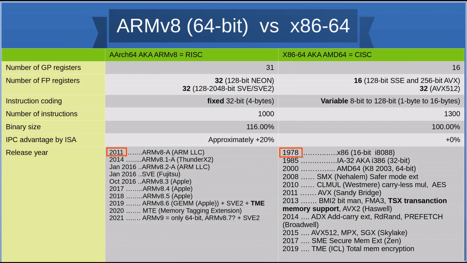It's a huge difference. It's a 33 year difference, which is like a couple of centuries in real life. In IT, time goes much faster.